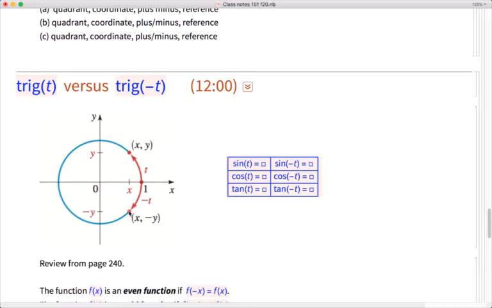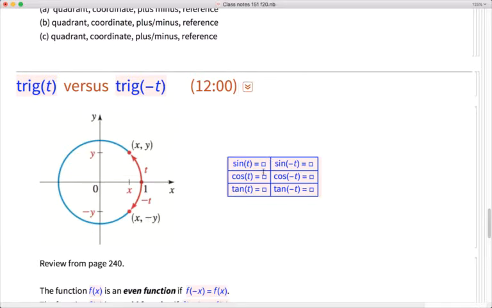If instead we take sine of negative t, we travel the same distance but in the opposite direction. We'll be going clockwise. So by the symmetry of the picture, if we go the opposite direction, we'll wind up at a point that has the opposite y coordinate.